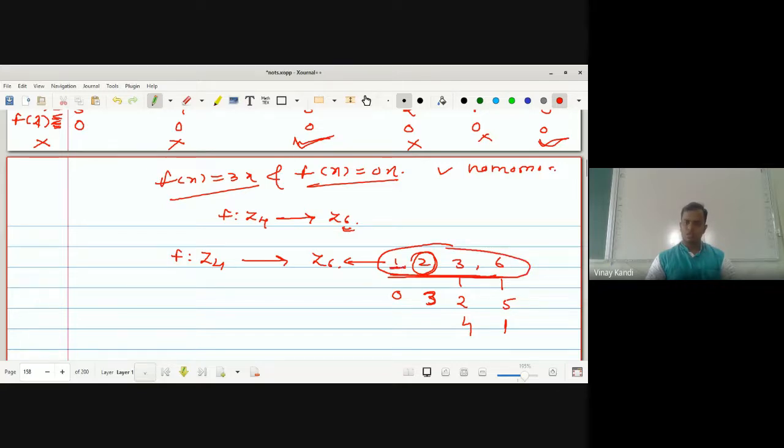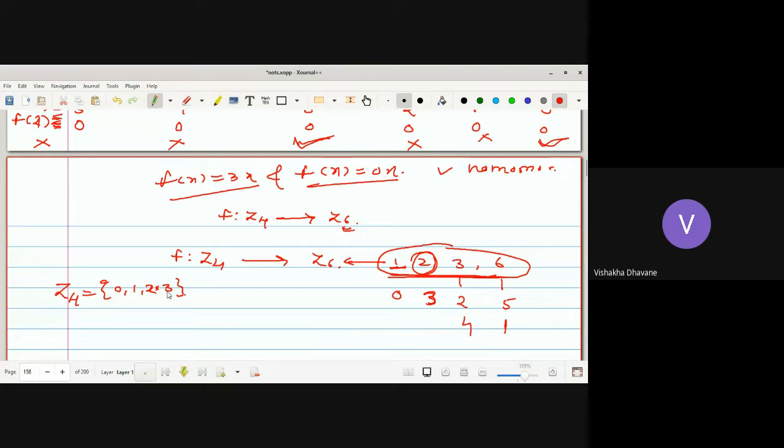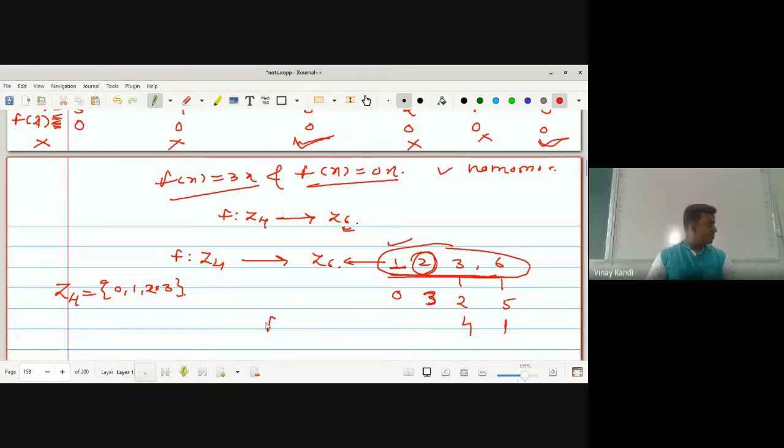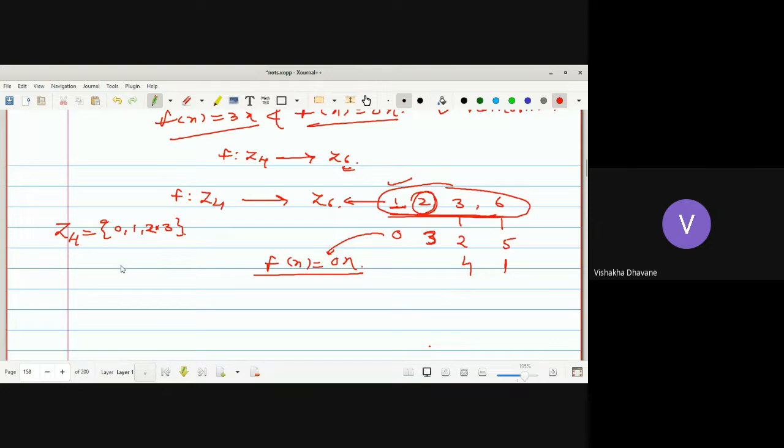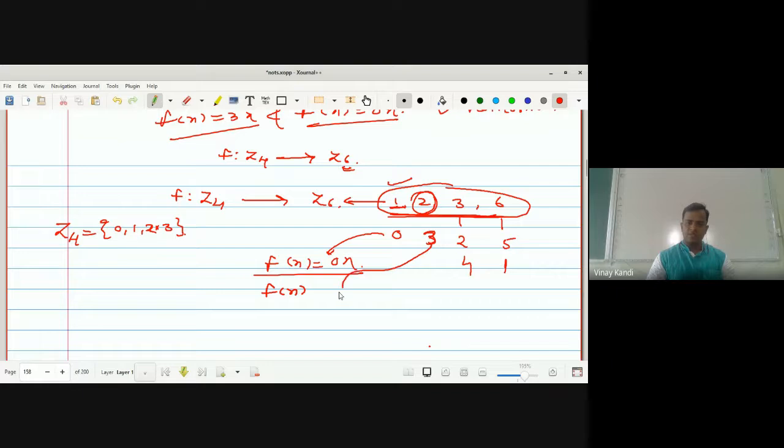Now, is there an element of order 1 in Z4? Yes. So f of x is equal to 0x. Is there an element of order 2 in Z4? Yes, 2. Then f of x is equal to 3x.